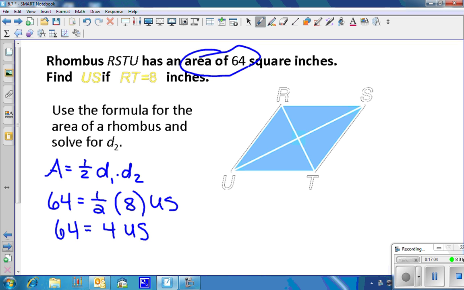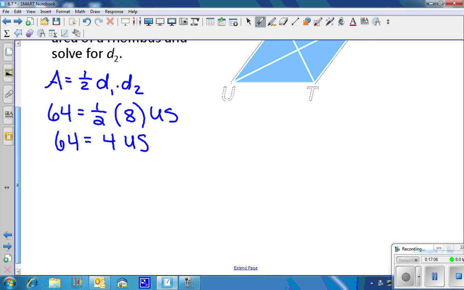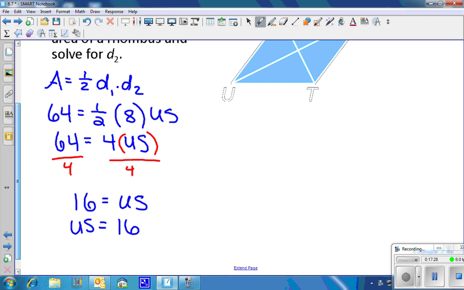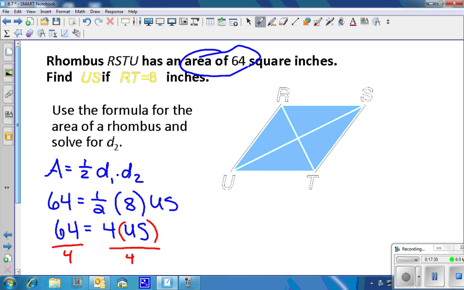How do I get US by itself? How do I get rid of that 4? It's 4 times US. How do I get rid of it? Divide. If I do it to one side, I have to do it to the other. So I get 16 equals the length of US. So US is 16 what? What unit of measure were we measuring in? Inches.